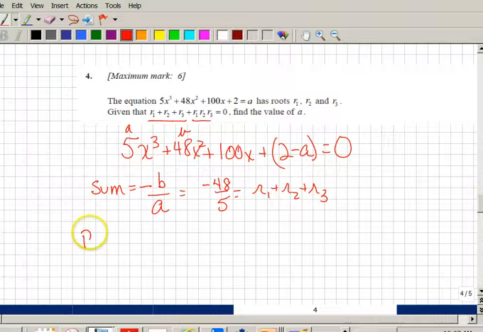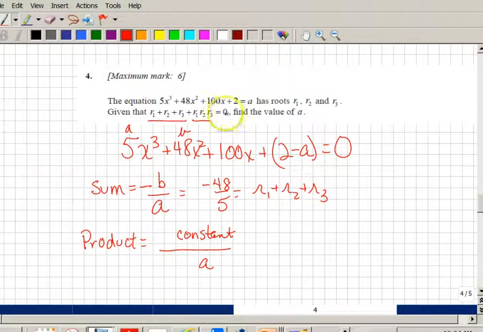Now the product of the roots, that gets sometimes a little confusing because the product is the constant over a. But it depends on the number of terms. If the number of terms is odd, then it's a positive constant over a.